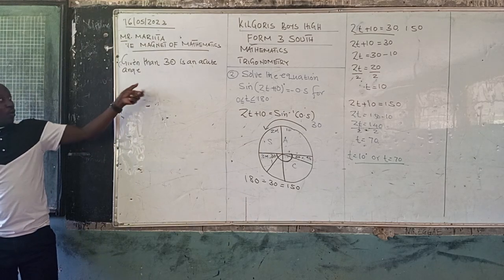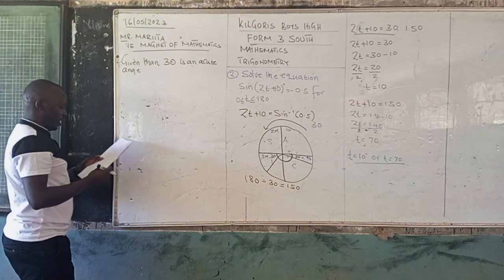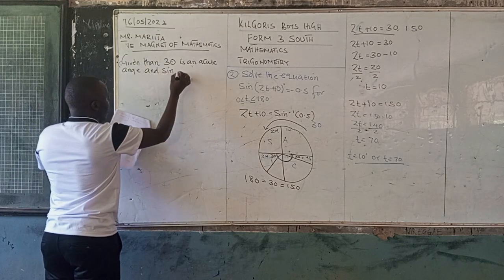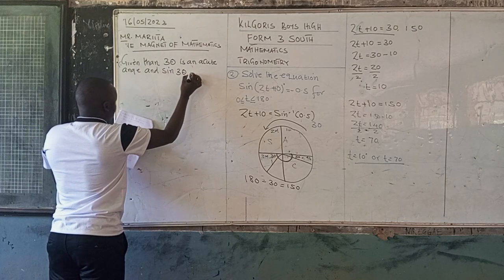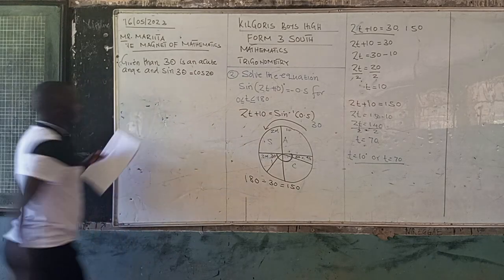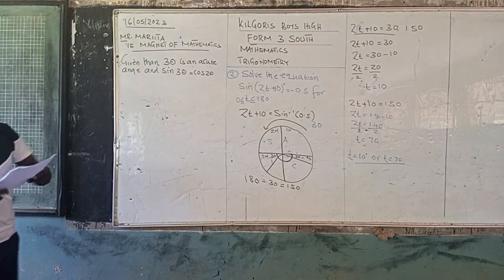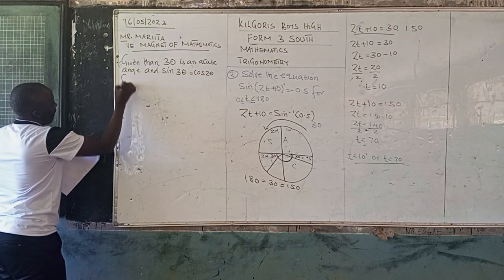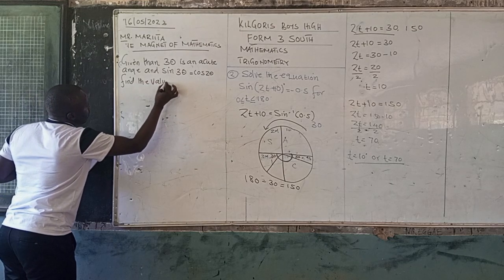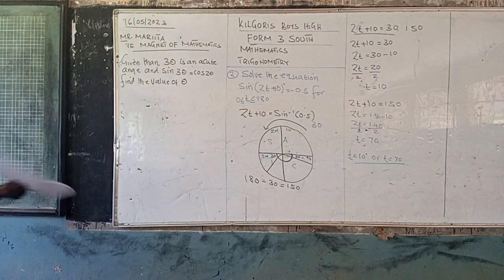An angle which is less than 90 degrees. So given that theta is an acute angle, and sine 3 theta equals p cos 2 theta, and that sine theta equals p cos 2 theta. Find the value of theta.